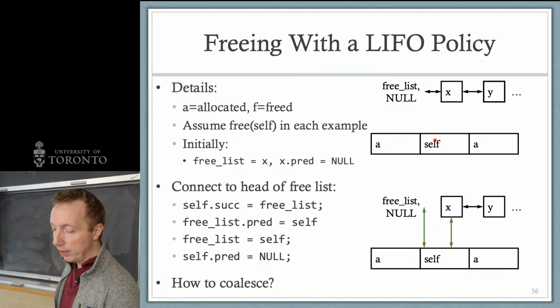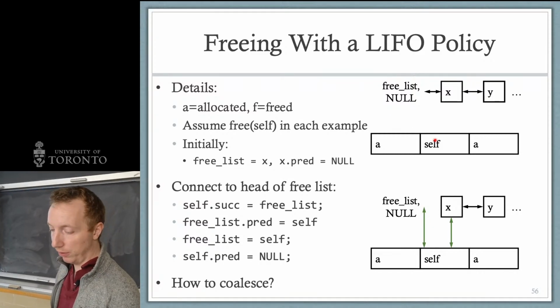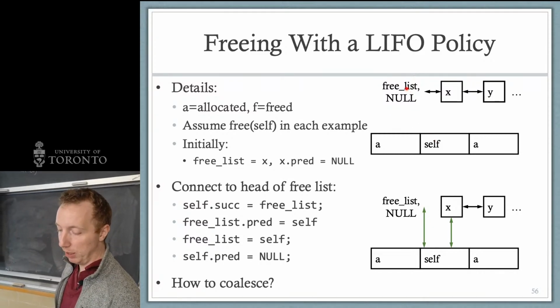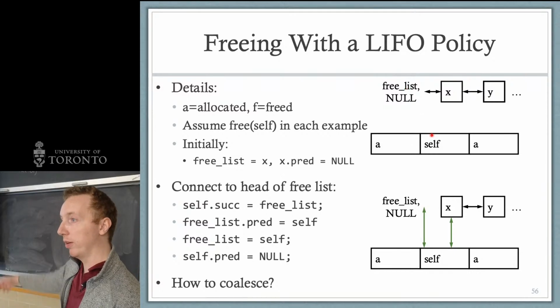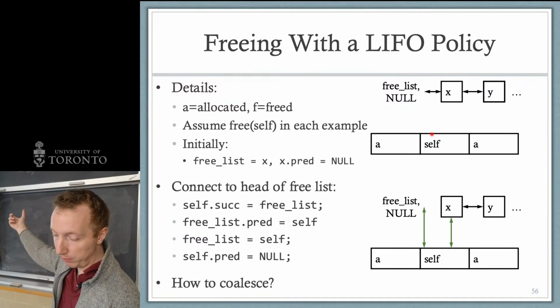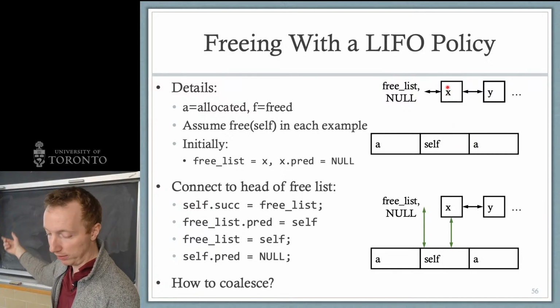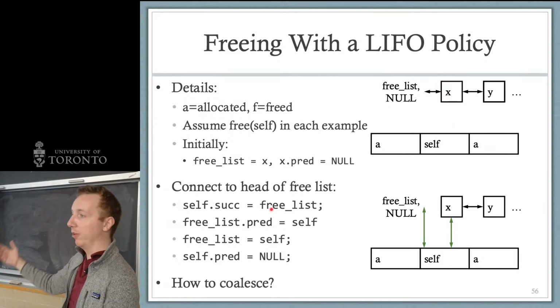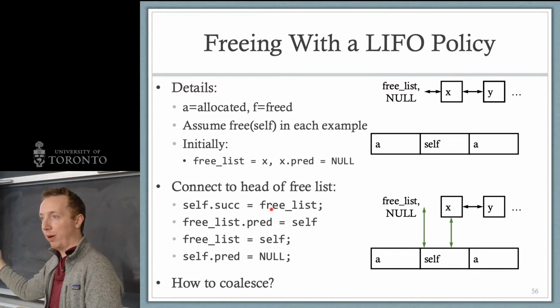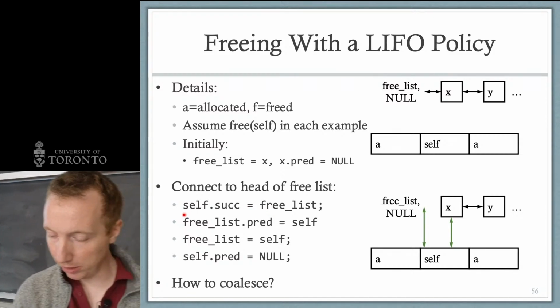So if I'm freeing this with last in, first out, all I want to do is make sure that my free list now points to this free block that I just freed, and then its successor would point to X. So it's just a normal add to the front of the list, as you should be familiar with.